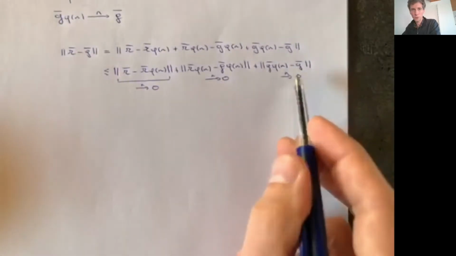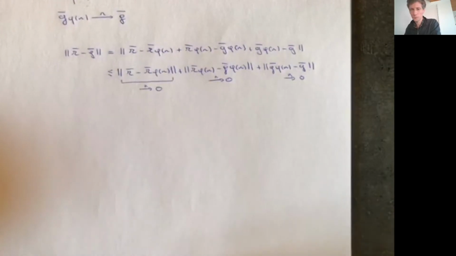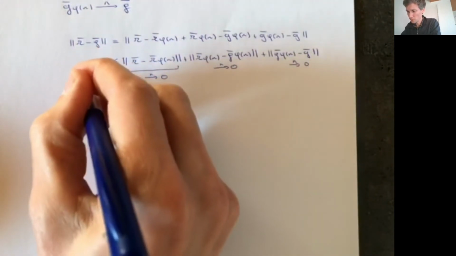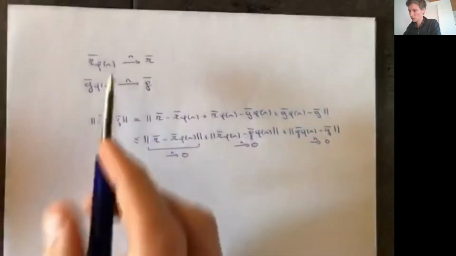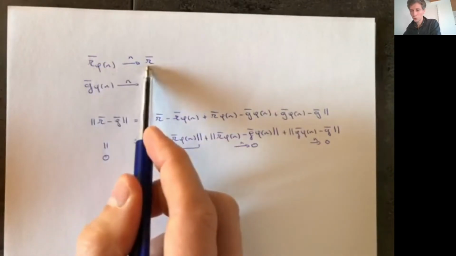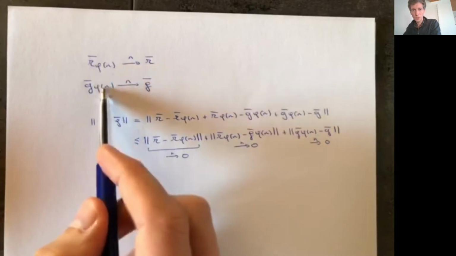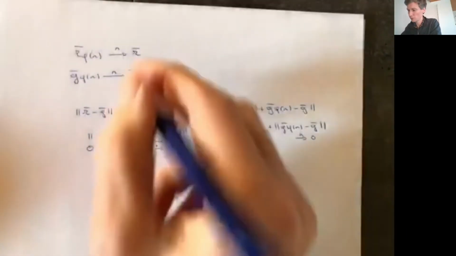So all of these things converge to 0, so this will be smaller than any strictly positive number that I can think of, then it has to be equal to 0. So this means that r is equal to g. In particular, r phi n converges to r, g phi n converges to g. These two sequences get closer and closer to each other, so these two limits have to be the same. That's the intuition behind this derivation.